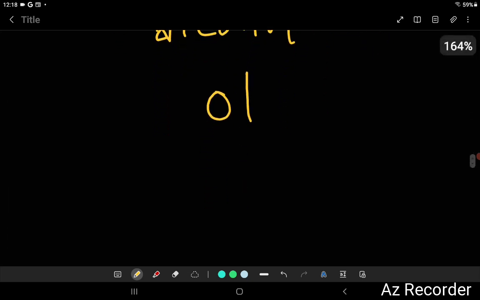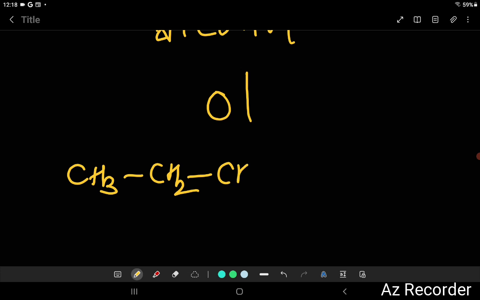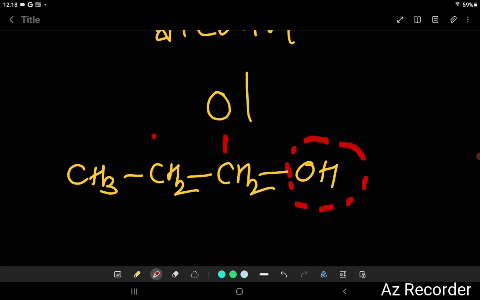Suppose you are writing any formula, CH3 single bond CH2 single bond CH2 single bond OH. So this is your functional group. This is the alcohol functional group present here, and there are 1, 2 and 3 carbons.